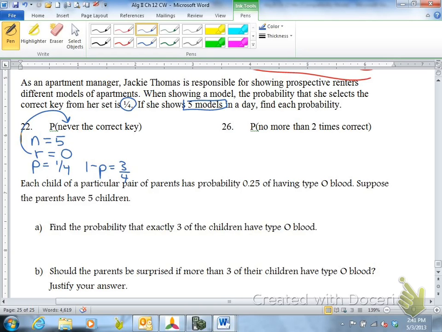So to set up the binomial theorem, we would have 5 choose 0, 1/4 to the 0, 3/4 to the 5th.